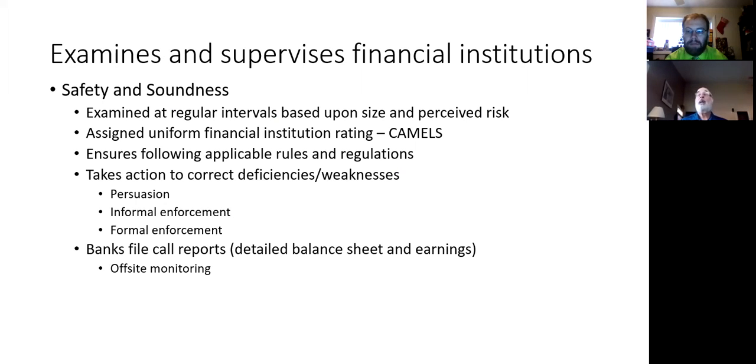And it lays out one or more items that the bank is specifically required to do. So it may say, you'll maintain capital at this percent, you'll reduce your problem assets by X amount, you'll improve your earnings, those type of things. And then typically it requires the bank once a quarter to report to the agency about how it's doing with regard to those issues.